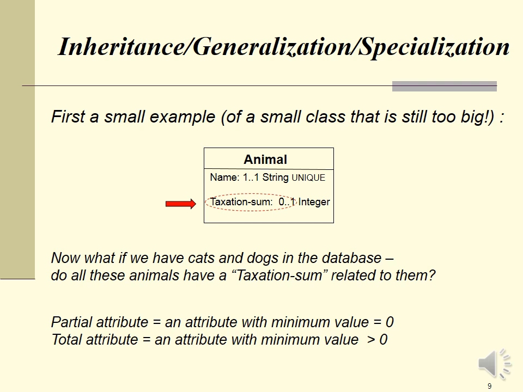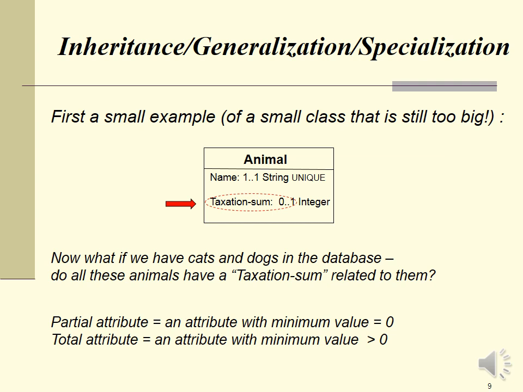So, a motivating example in terms of when to use inheritance, or generalization specialization, which it is also called. To help me, I have a first small example of a class, but a class that is still too big. The class is called animal, and it has 2 attributes, name and taxation sum.